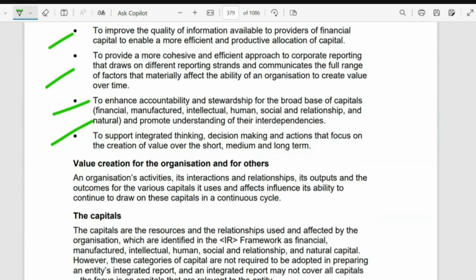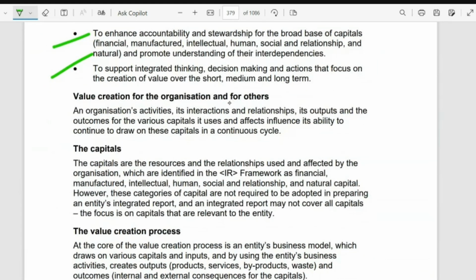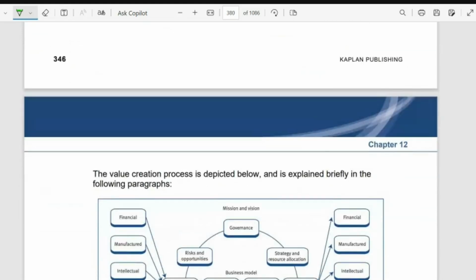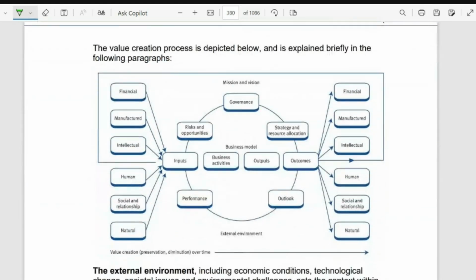Value creation for the organization and for others, capitals and the value creation process. The value creation process is represented below and is explained briefly in the following paragraphs. Students, go through this model.